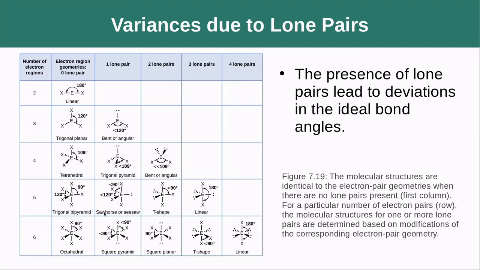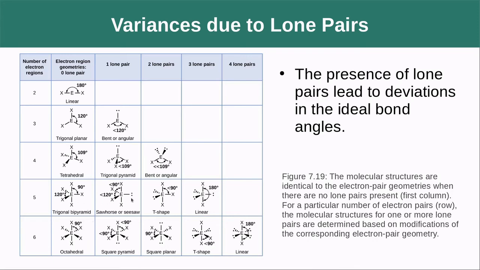This leads to a very asymmetrical shape that we call the seahorse or seesaw. If we put in two lone pairs, we're going to see that we wind up with something that has 90 degrees apart from all of these. And then if we put in a third lone pair, we're going to arrange these two 180 degrees apart from each other.